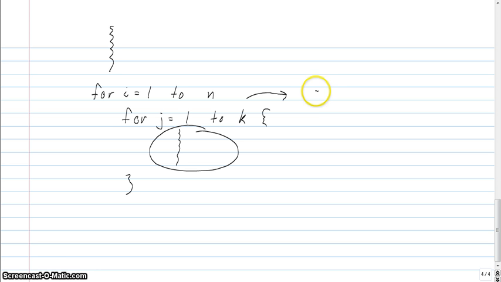And you could set this up as a sum. Your outer sum, you would take I from 1 to n, and your inner sum, you would take j from 1 to k, and then of whatever was in here, you might have to think about how you would express that. So of some stuff, whatever that might end up being. Right, we don't know.